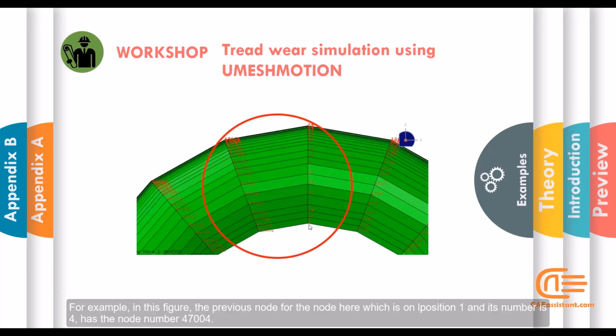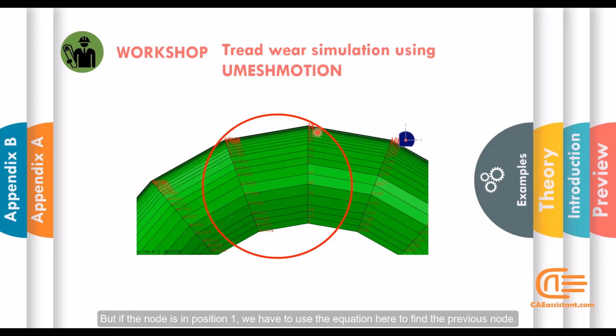For example, in this figure, the previous node for the node here, which is on L position 1 and whose number is 4, has the node number 47,004. But in other L positions, it is enough to subtract 1,000 from the node number. For example, the previous node of 2023 is 1023.